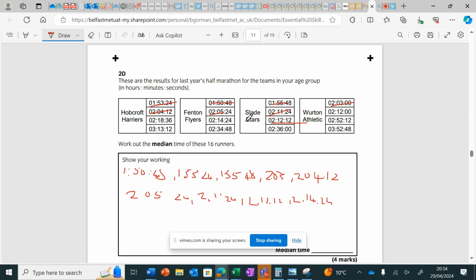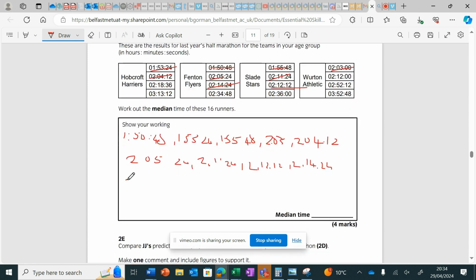Slow process this. 2.18.36. Nearly there. Did we miss one? We'll check at the end. 2.18.36.